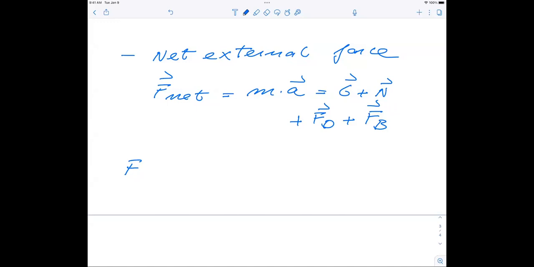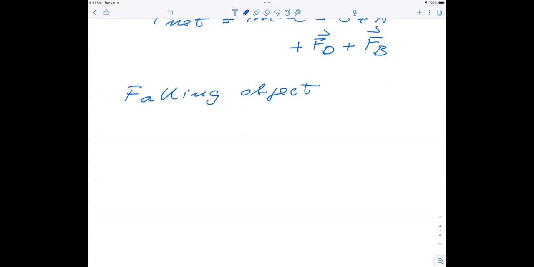So let's now look at the falling object, which we looked at last week. In that case, we had a very simple case. So we had minus g, and we had minus m times g. And I'm going to take away vectors because I'm going to confine this to one dimension, which means that for the force now, I don't need to define a specific direction.